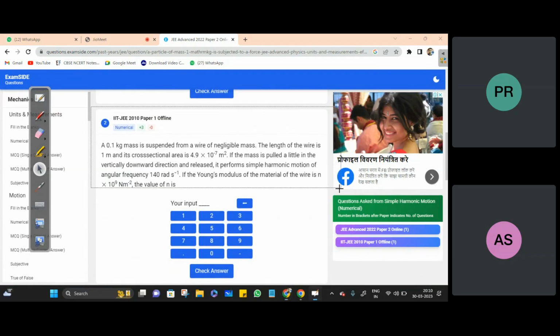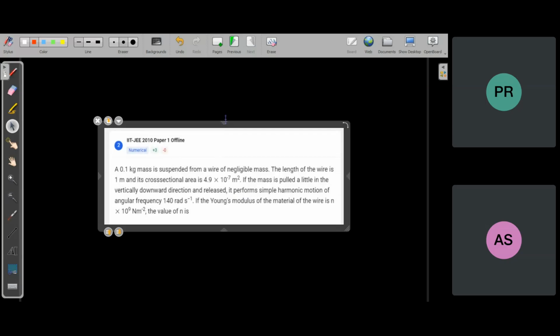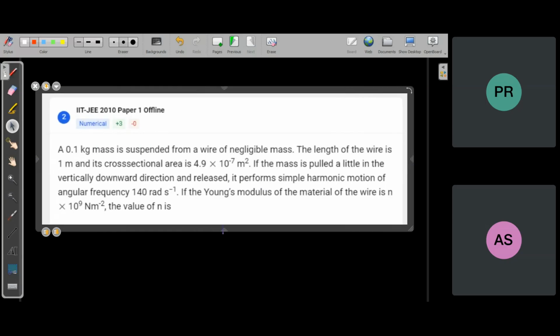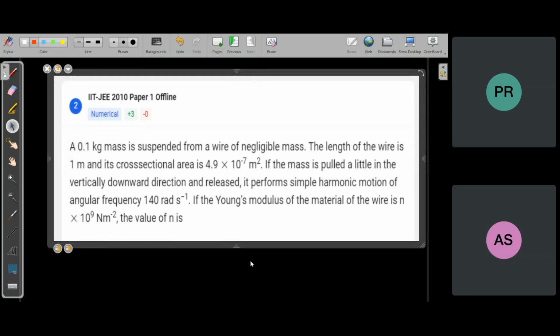Okay, you can start with this one. This IIT JEE 2010 question. Start with this. Question is visible to you? Yes, sir. Question is visible, sir. Okay, start with this question.